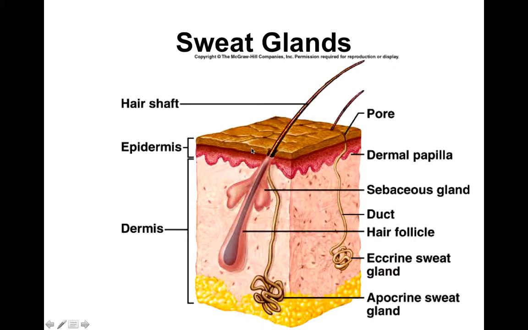Another name for sweat glands is sudoriferous glands. So another name is the sudoriferous. Sudoriferous glands are also called sweat glands.